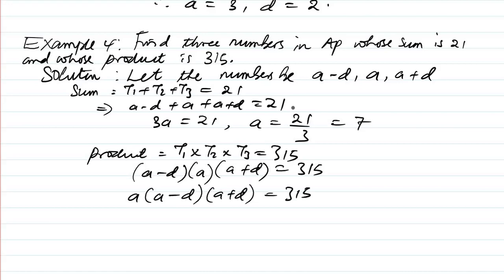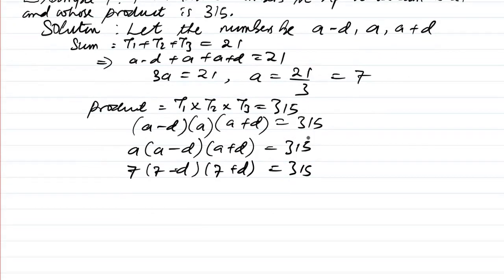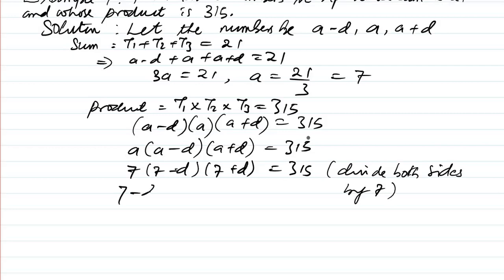So A is 7. So that means 7 bracket 7 minus D into 7 plus D is equal to 315. We divide both sides by 7. So we have that 7 minus D multiplied by 7 plus D equal to 45.